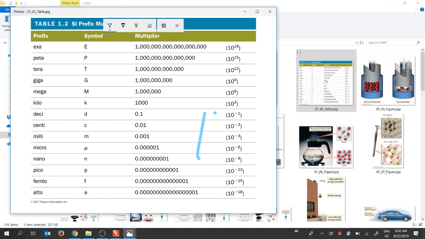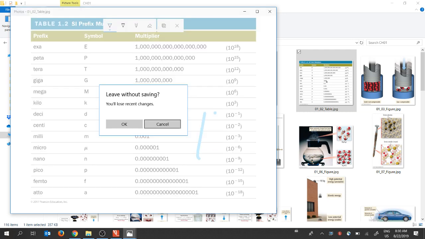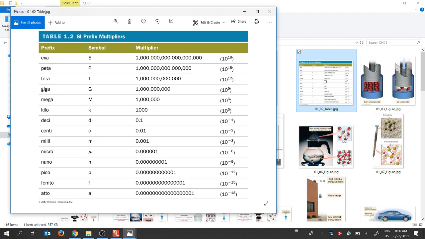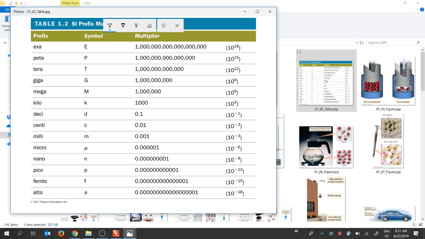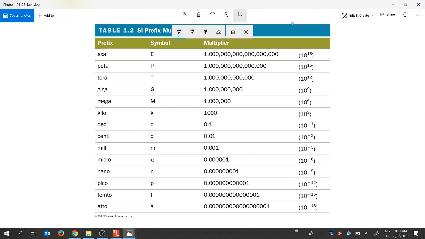Oh, no, I don't want to do that. Okay, let's try that again. Well, I'll try to put it in the notes when I can.